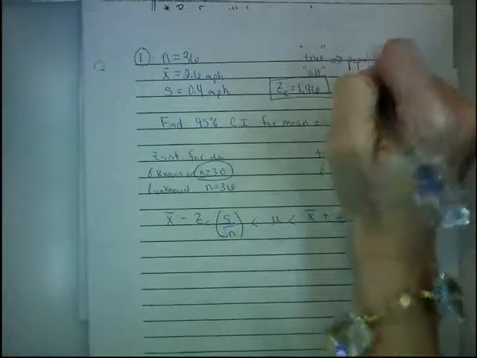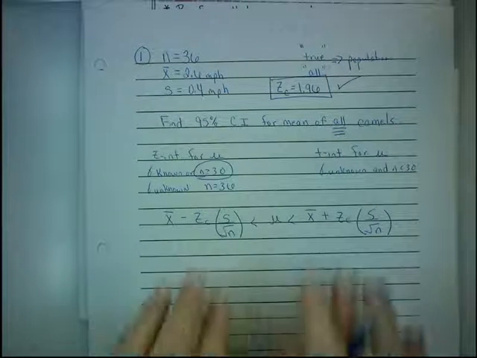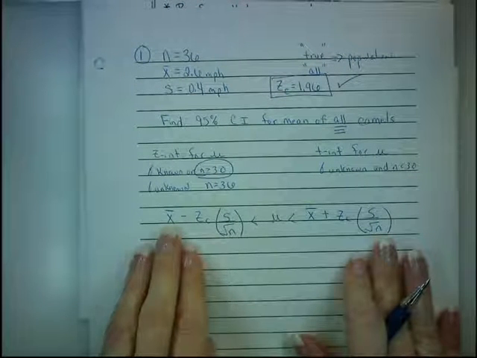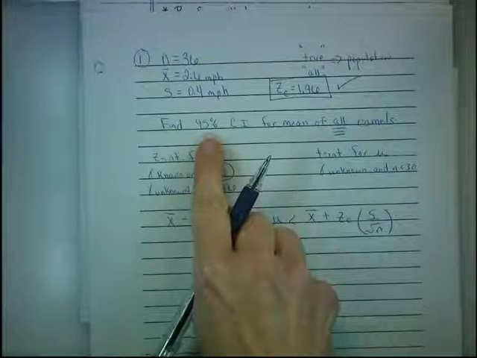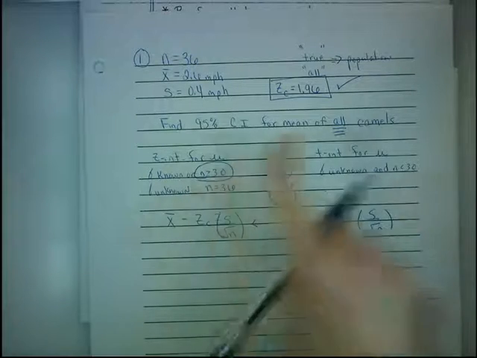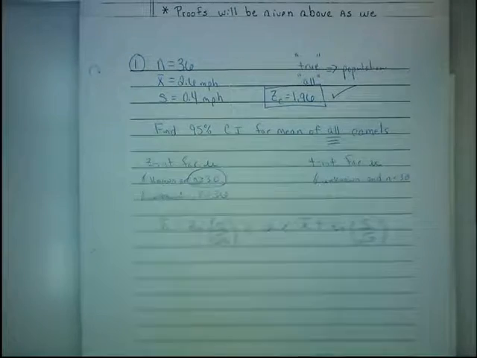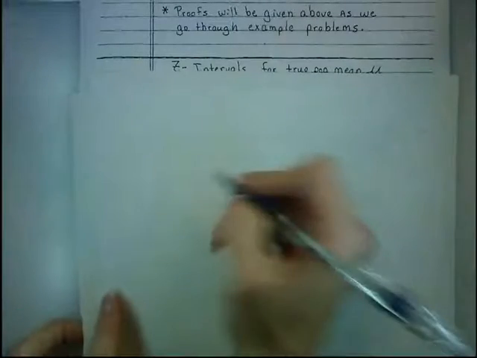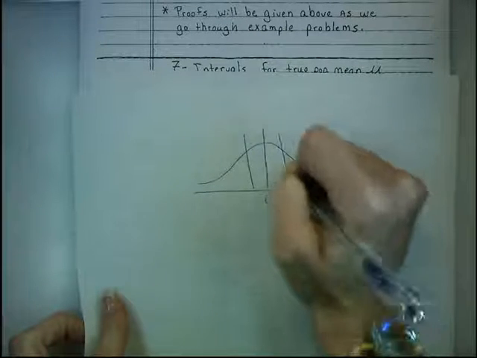That's your critical value. Let me tell you why. I'm going to leave this formula for just a moment to explain to you, if we know it's a 95% degree of confidence and we know it's a Z interval for the mean, then the critical value here is 1.96. What you do is you take your standard normal distribution and you shade the middle 95%.